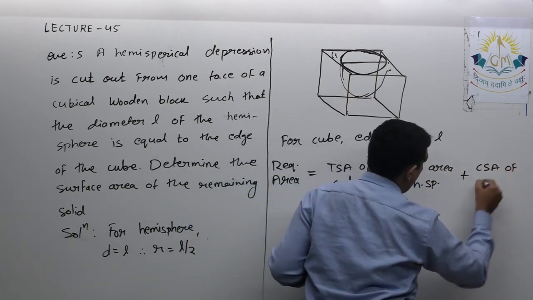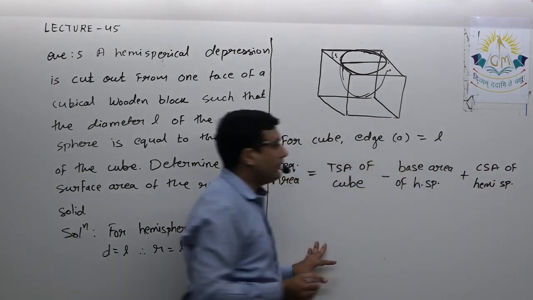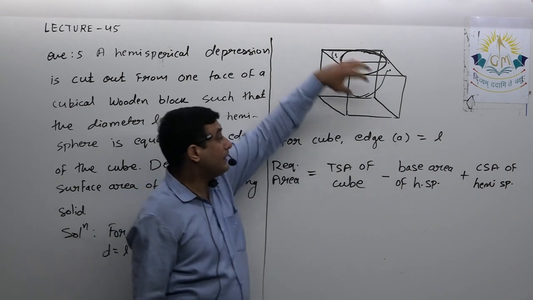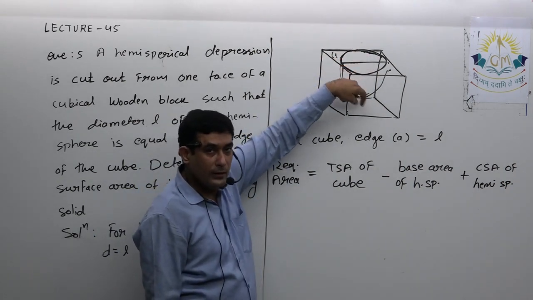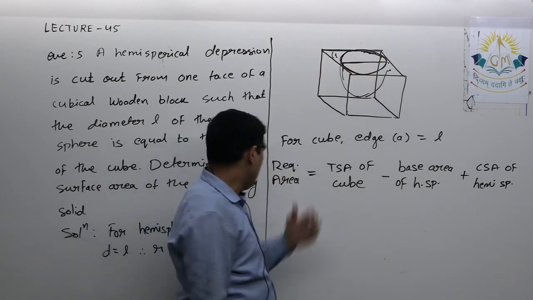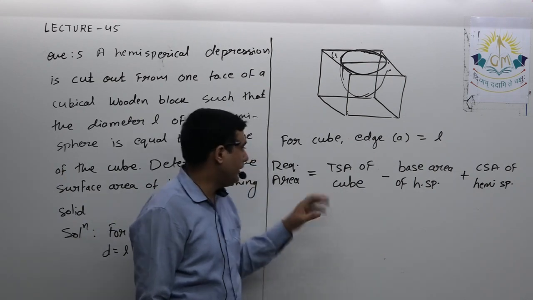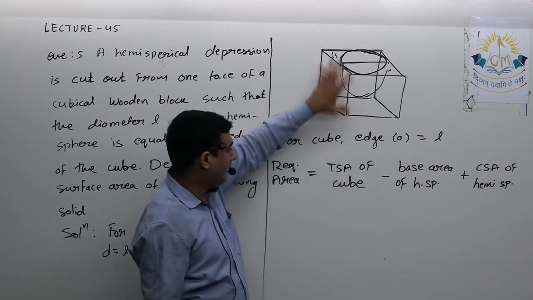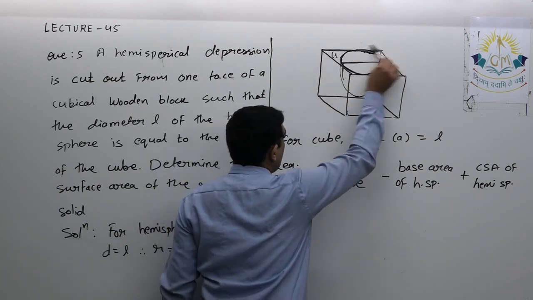CSA of hemisphere, the curved surface area of the hemisphere, because that cavity will be visible to us and it is possible to paint over that. So that is an area which we have to add whenever we have to find the total surface area. As I'm saying TSA of cube, that means I also added this surface completely.